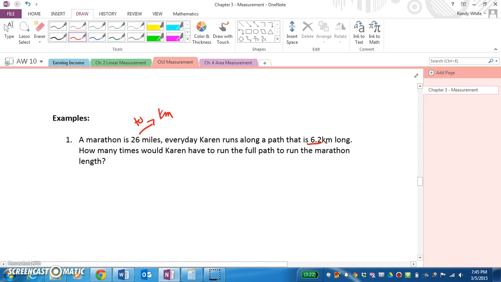So let's try that. In this case, I'm going from imperial miles to metric. When I look at my sheet, I know that 1 mile is 1.61 kilometers.